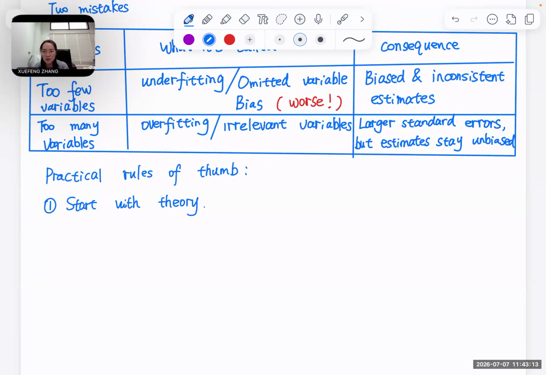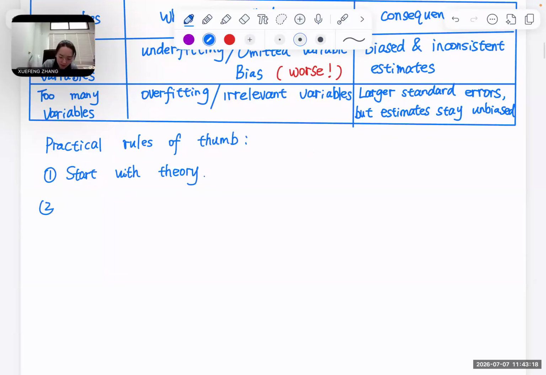Those variables go in first. The second one, think about what's correlated with your X of interest.